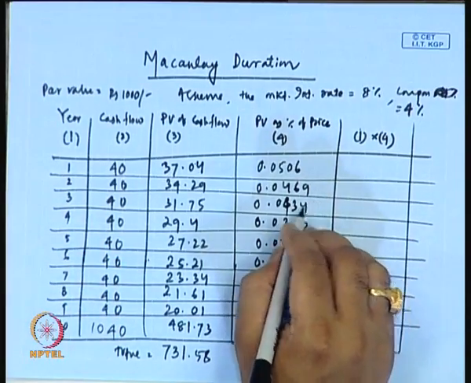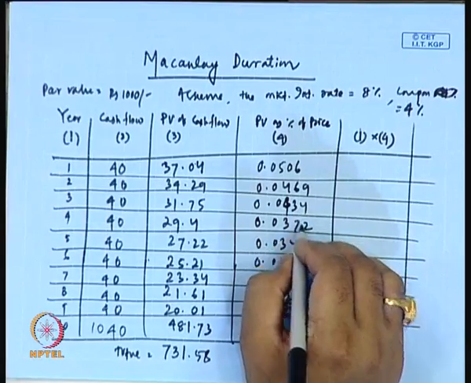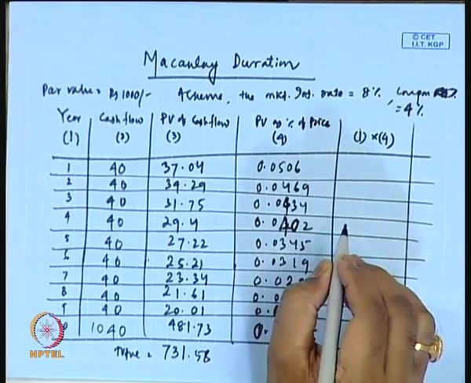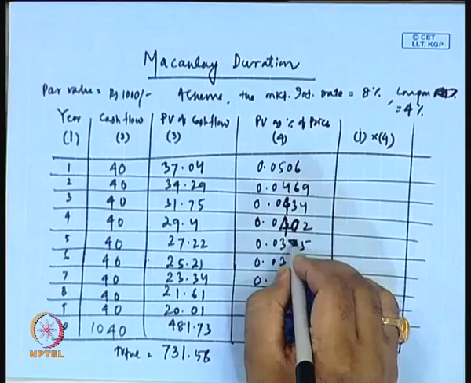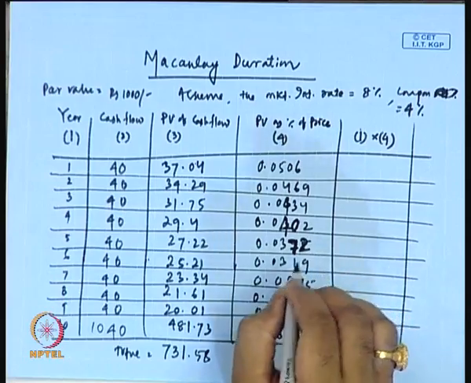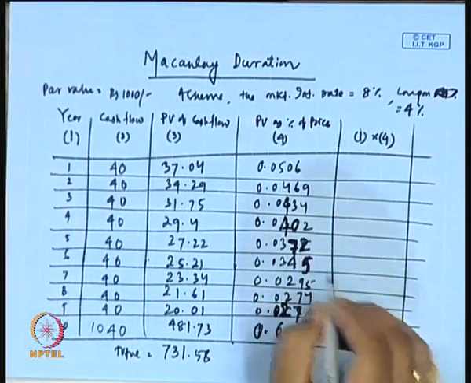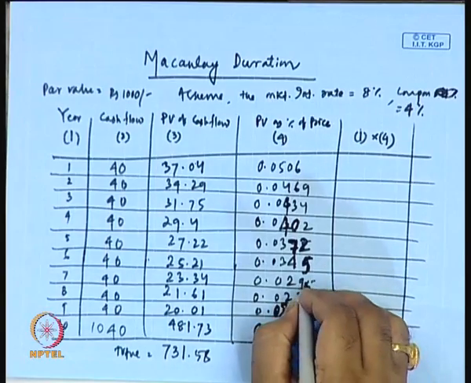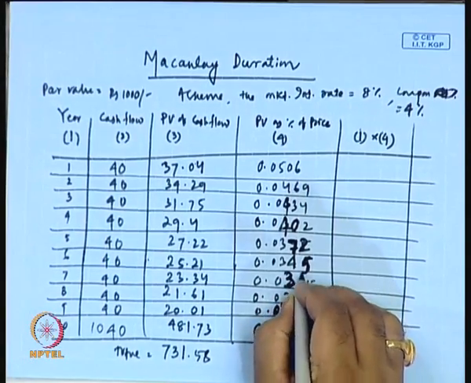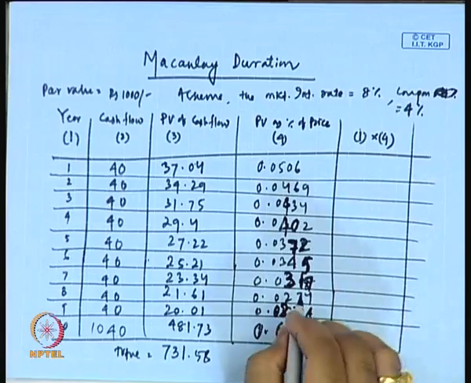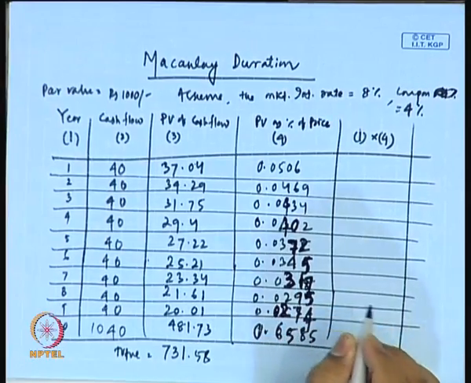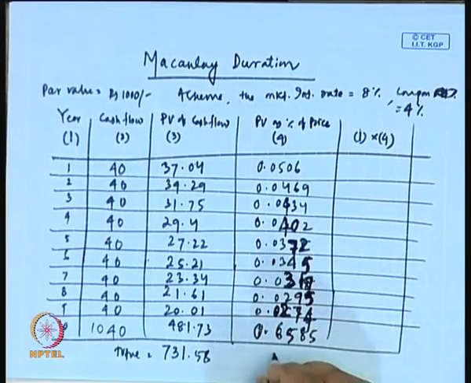So, here there is a mistake, after this 0, it will be 0.0402, this will be 0.3772, this will be your 0.345, this will be 0.0319, this will be 0.295, this will be your 0.274 and the total will be 1.00.